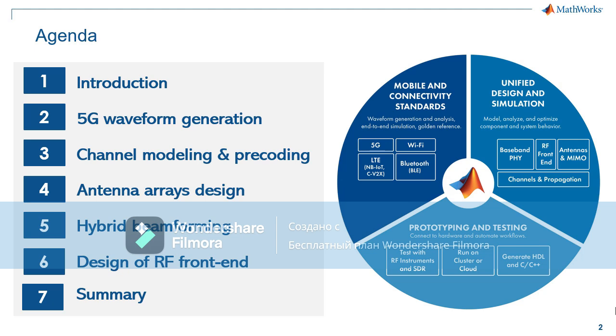Finally, you have to design the RF front end in order to improve your performance. And for that, we have tools in MathWorks that help you characterize power amplifiers and design DPDs and other elements related to the RF transmission chain. Finally, I'm going to provide some summary.